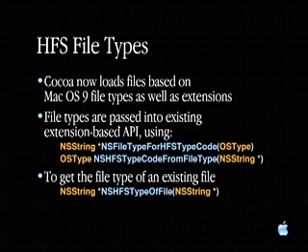And we've done this without modifying the API. So if you want to allow the open panel to open some sort of HFS file type, you'd use one of the functions like NSHFSFileTypeForOSType. You'd convert the OS type code to an NSString and pass that into the extension-based API. So you can mix extensions along with HFS file types.